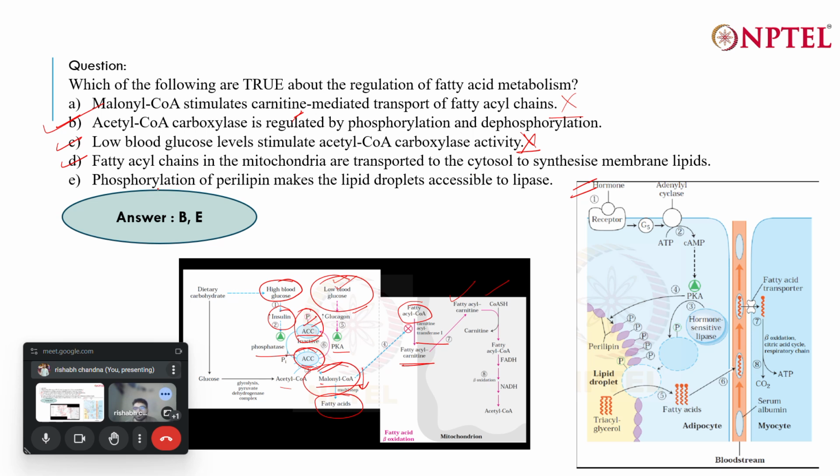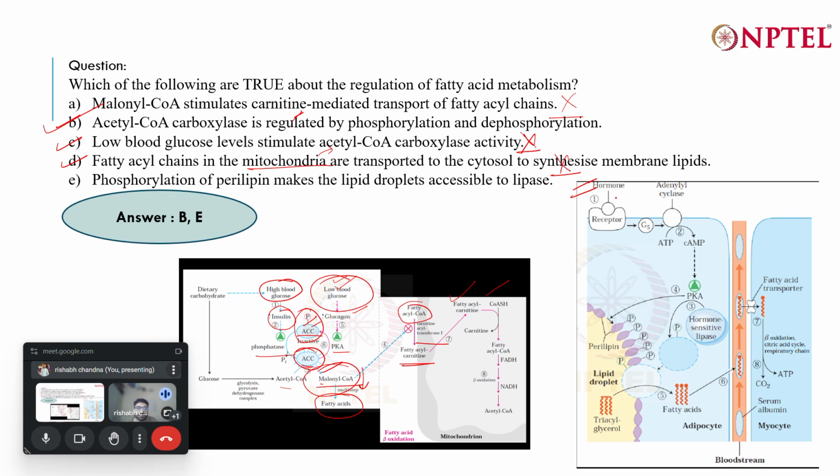Fatty acyl chains in the mitochondria are transported to the cytosol to synthesize membrane lipids. No, this is false, because once fatty acyl chains enter the mitochondria, they enter the beta oxidation pathway, so they cannot be transported back to the cytosol. Phosphorylation of perilipin makes the lipid droplets accessible to lipase.